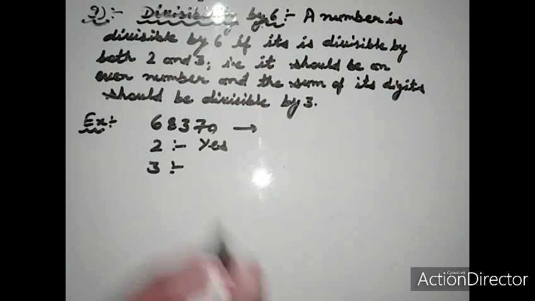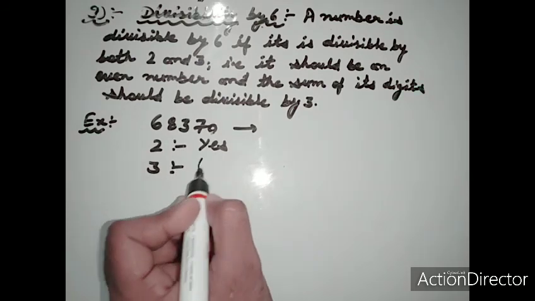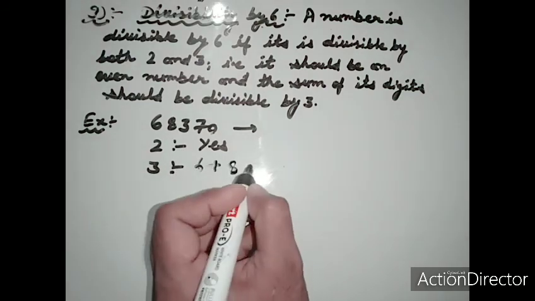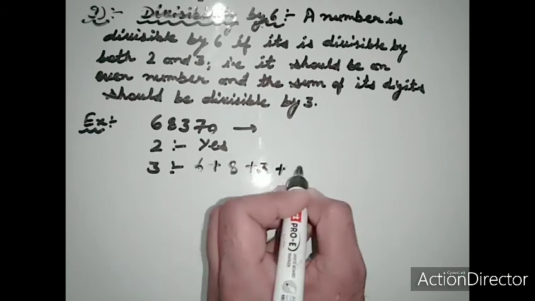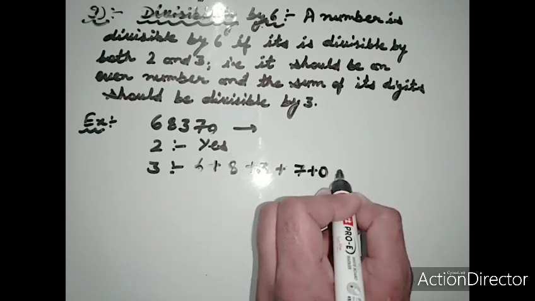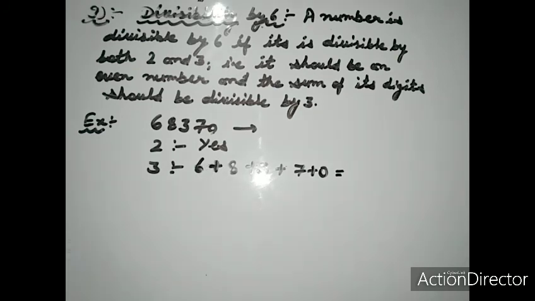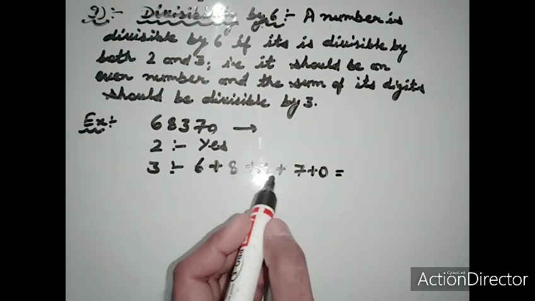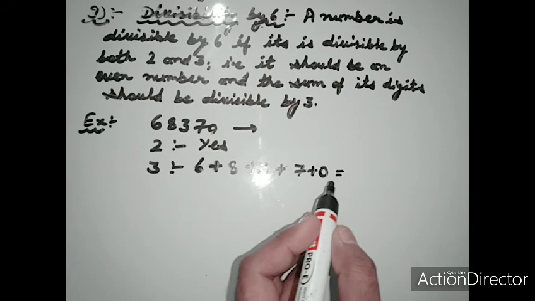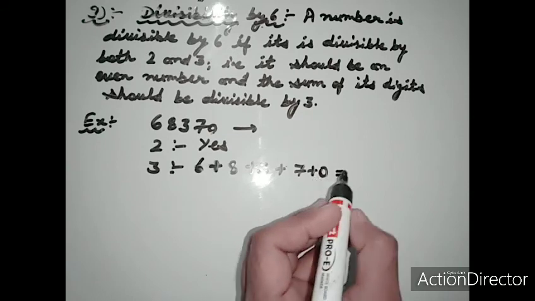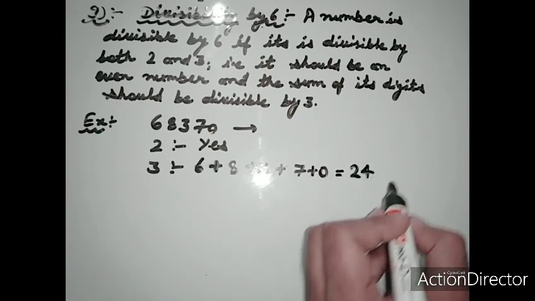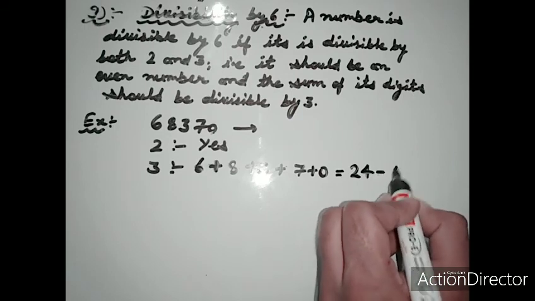So first we add all these digits: 6 plus 8 plus 3 plus 7 plus 0. 6 plus 8 is 14, 14 plus 3 is 17, and 17 plus 7 is 24, and you all know that 24 is divisible by 3.